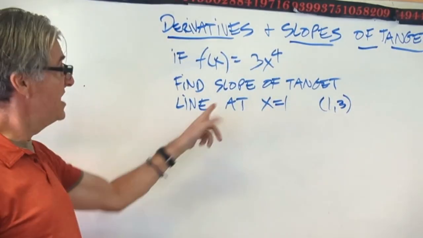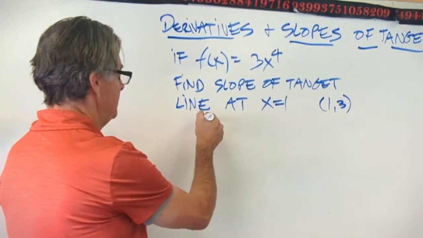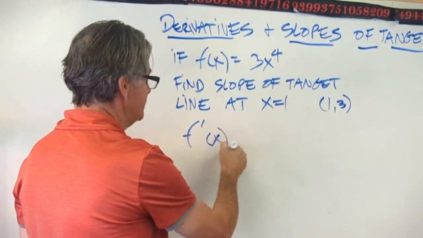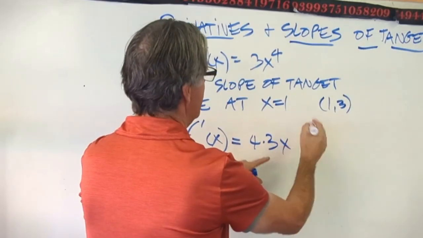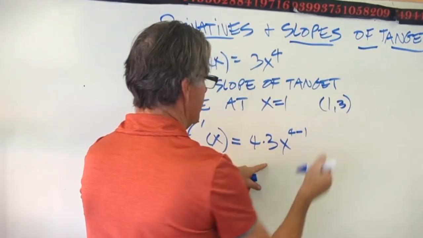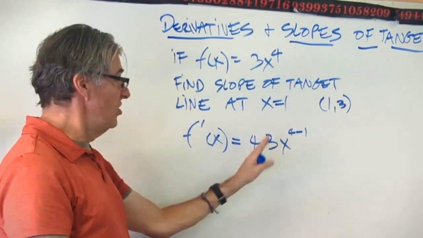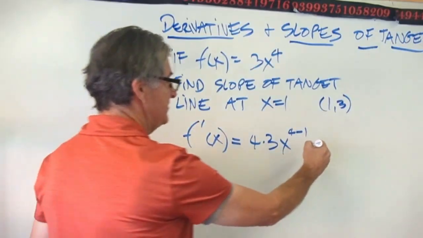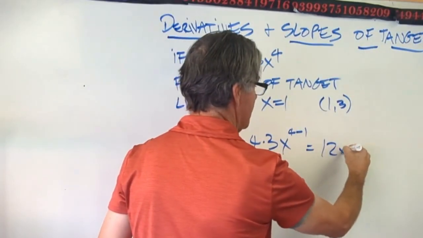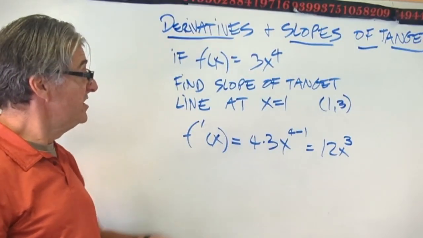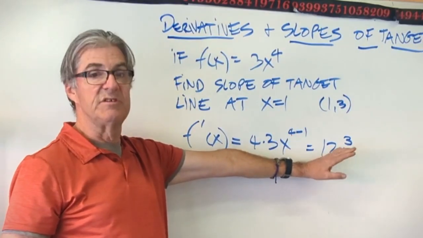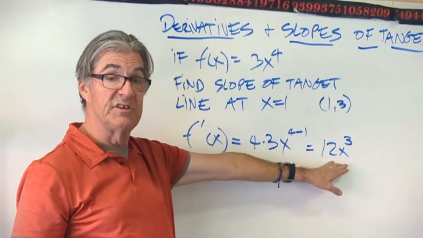First step, take the derivative of f of x. So f prime of x is going to equal 4 times 3 times x to the 4 minus 1. I'm just applying our power rule to this function, and that's going to give us 12x to the 3rd. That is the function we can use to find tangent line slopes.